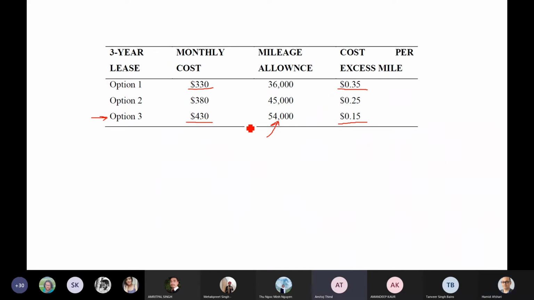Monthly cost, mileage allowance, and cost for excess miles. No, a state of nature. Because 3 is the correct answer, but what do you mean by 3? How did you get to 3? Mileage allowance. Mileage allowances, that could be a right answer. Thank you.